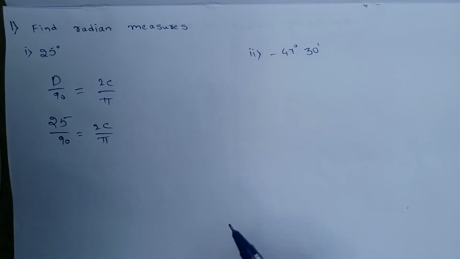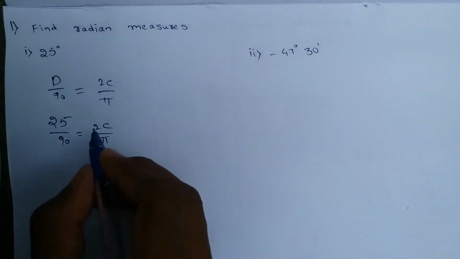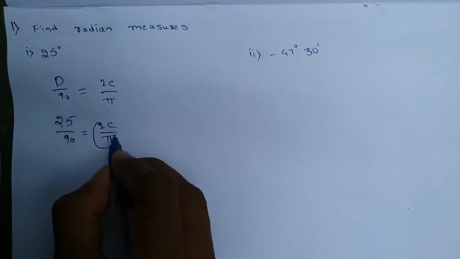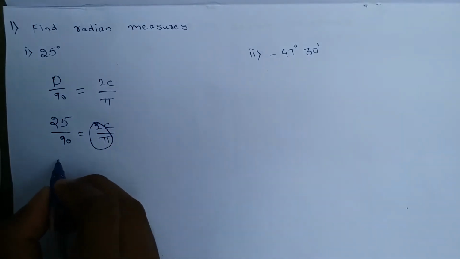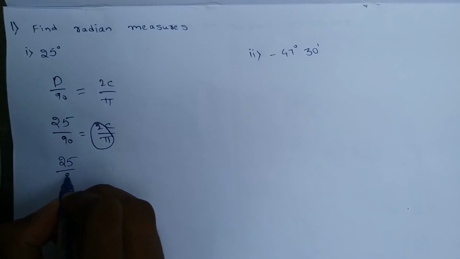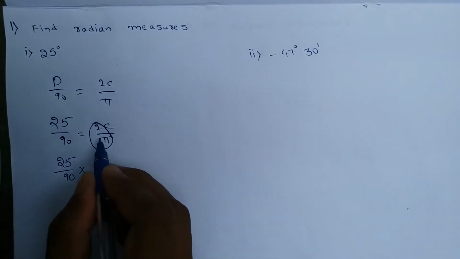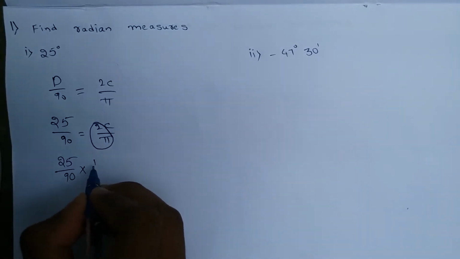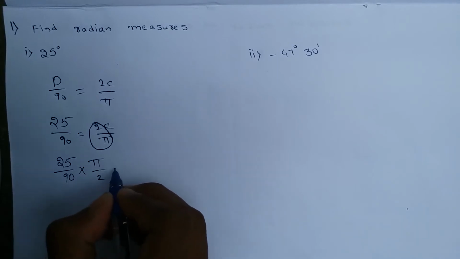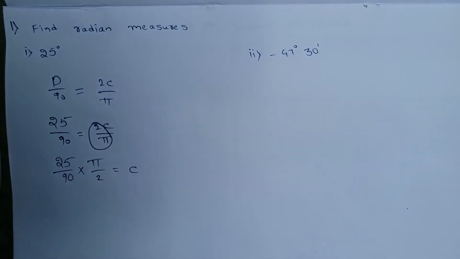We want radian, that is nothing but c, so I will take this 2 by pi to the left side. So 25 by 90 into pi by 2 is equal to c.